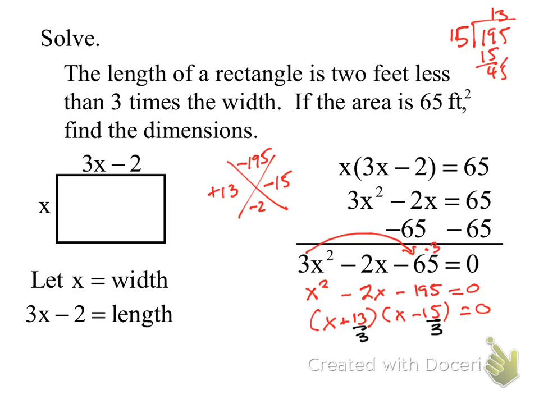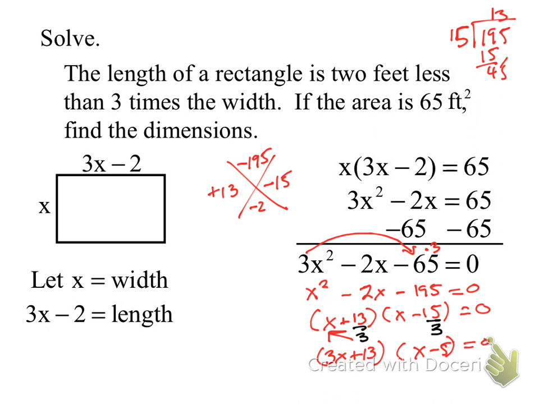And so we get 3x plus 13 equals 0. And the other one is 3x minus 15, and this becomes x minus 5 equals 0.